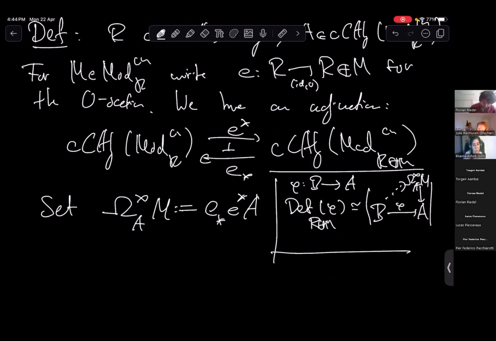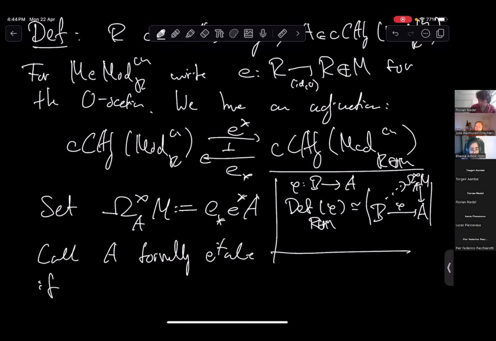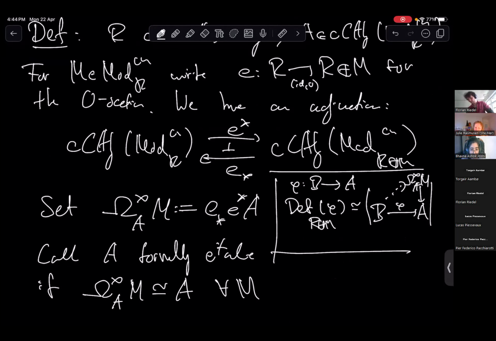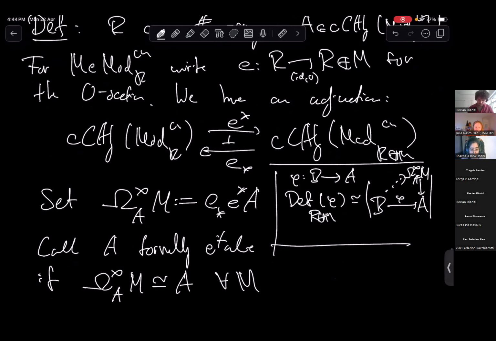Okay, this is a lot of stuff. So now the point is we call A formally etale if Loops infinity A of M is just A tensor M, for any connective R module M. And then by this, this will tell you that you can uniquely lift maps into A against any square zero extension.